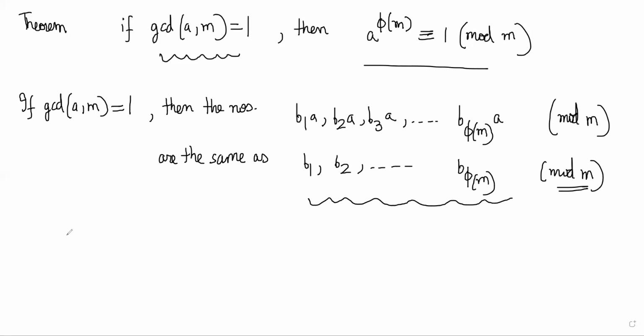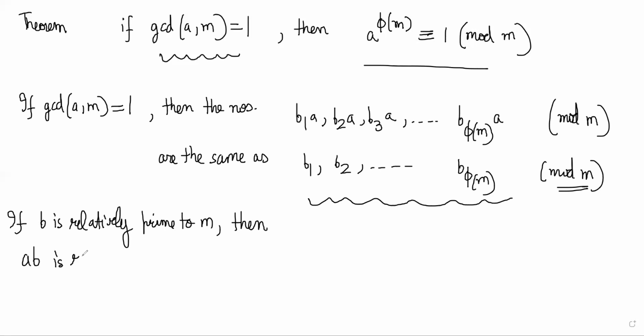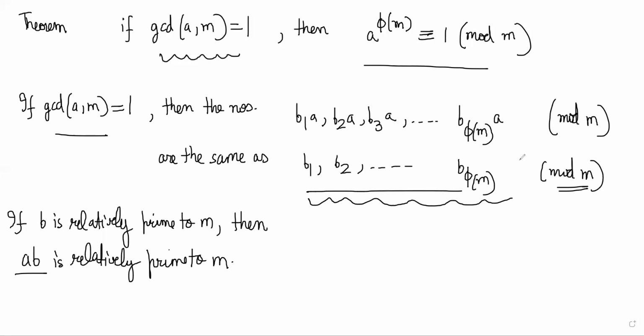So if B is relatively prime to M, then A times B is also relatively prime to M, because A is relatively prime to M. For now, just think of these as different numbers.